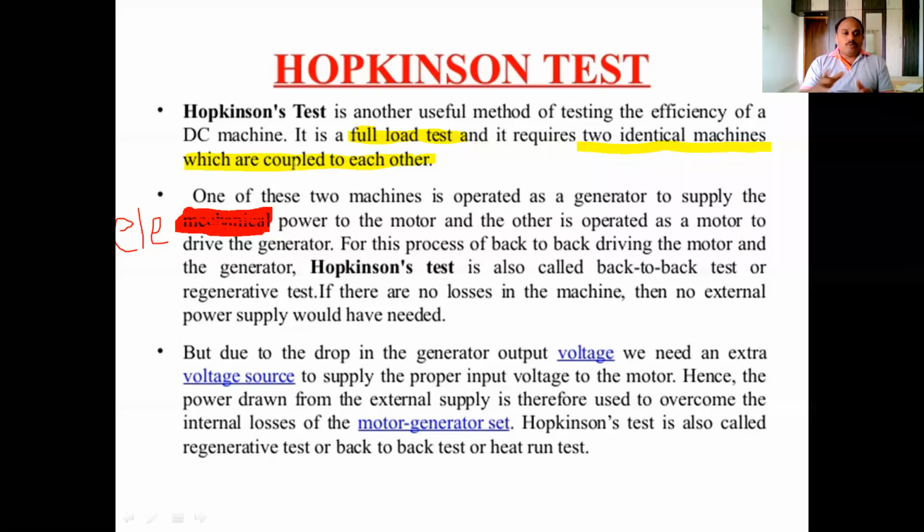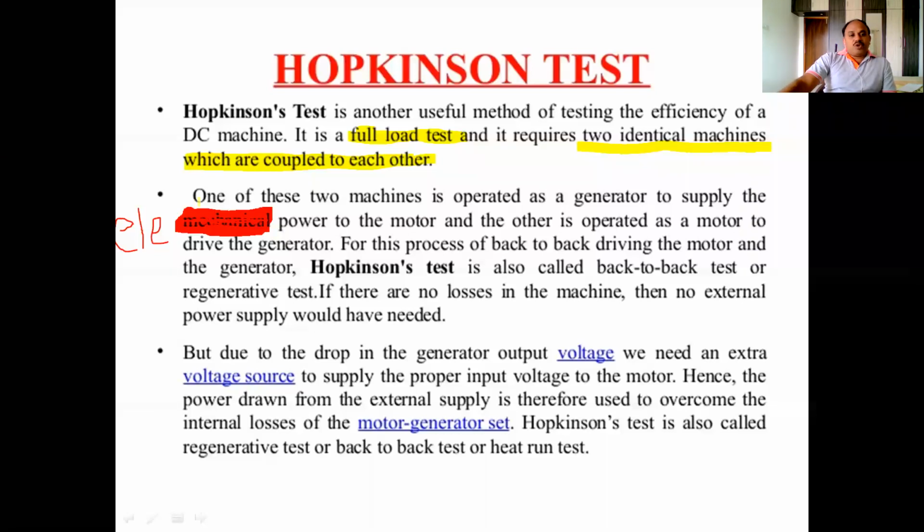Electrical connection may be in series or parallel combination, but here in this test, both motor and generator are electrically connected in parallel. So there exists a parallel connection and a mechanical connection between the two identical machines.